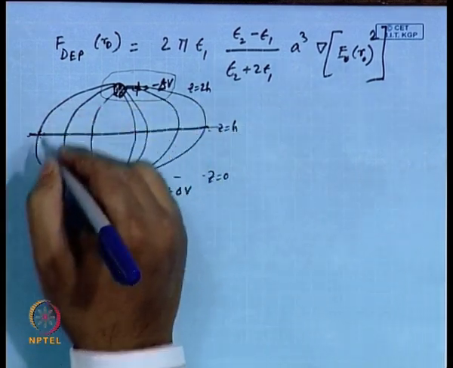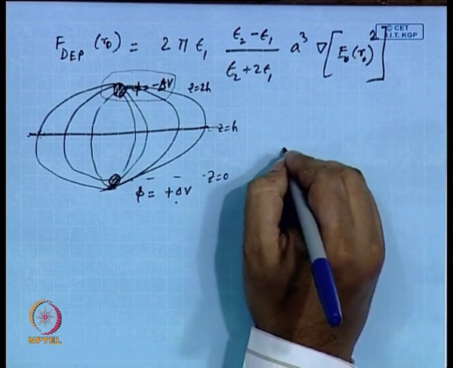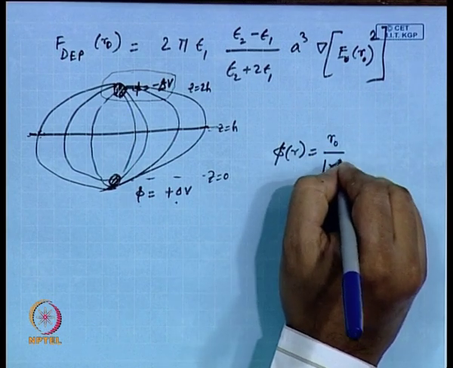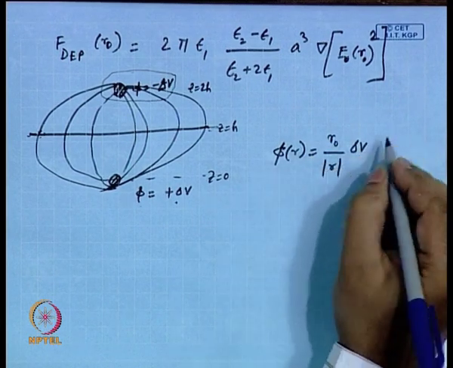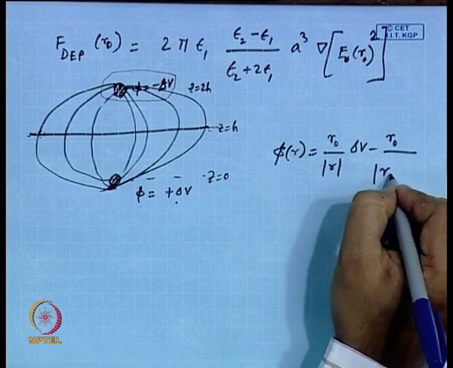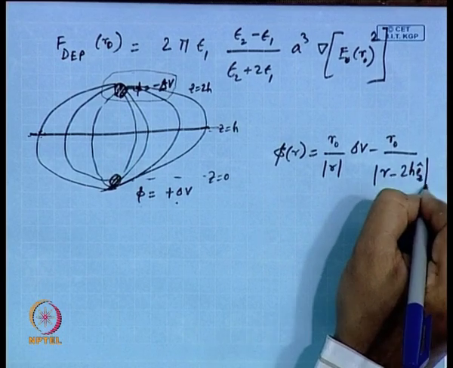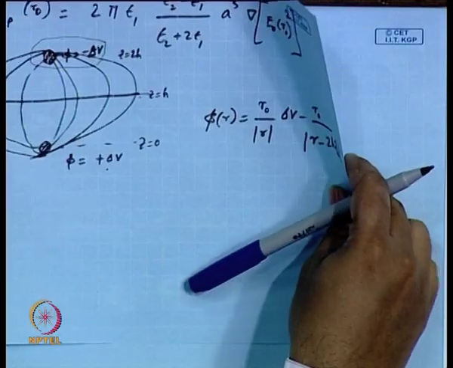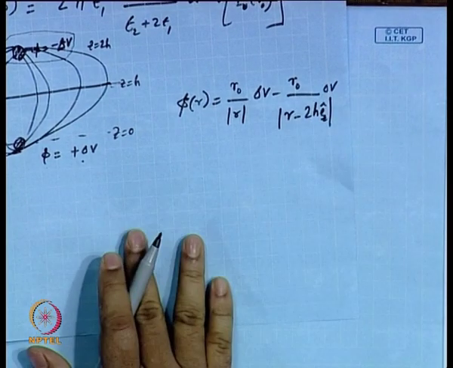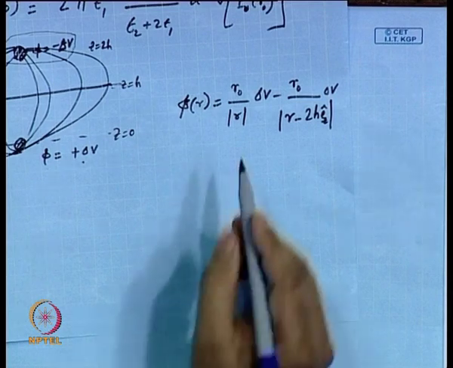So, this is a concept of inhomogeneous electric field, and in that case you can have phi written as r0 divided by r, into delta V, minus r0 divided by r minus 2h e_z, into delta V. So, this is the definition of phi(r) in this case.